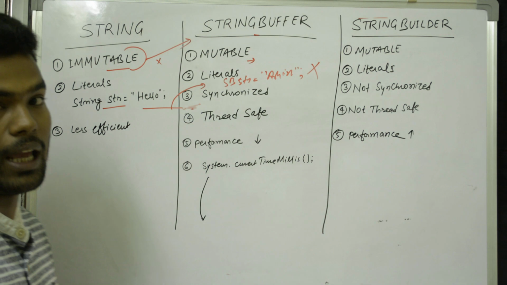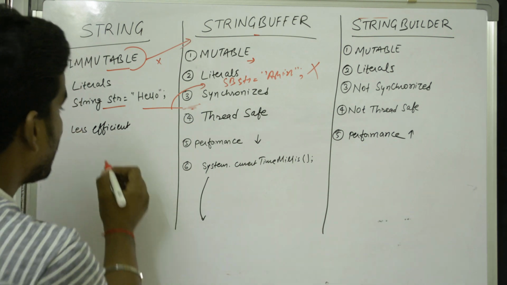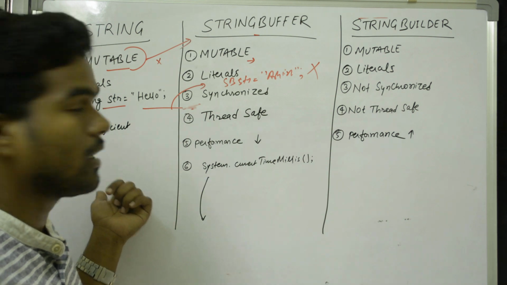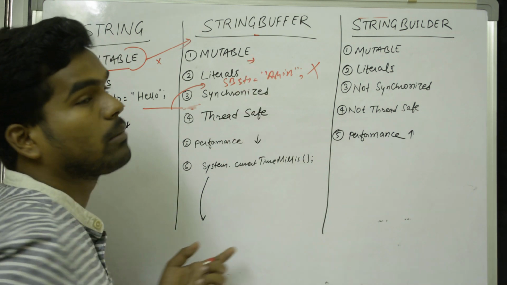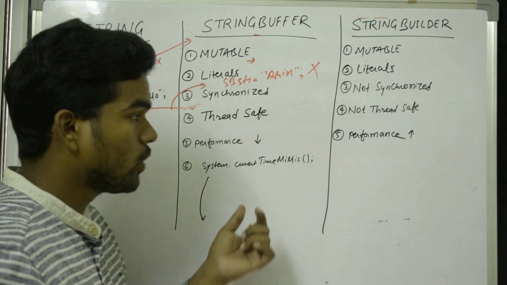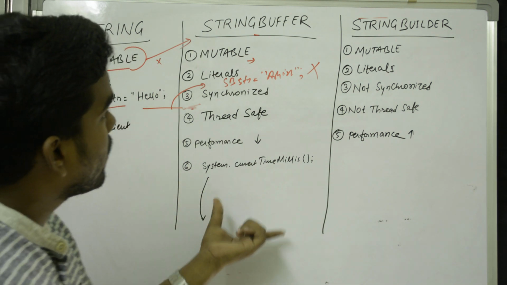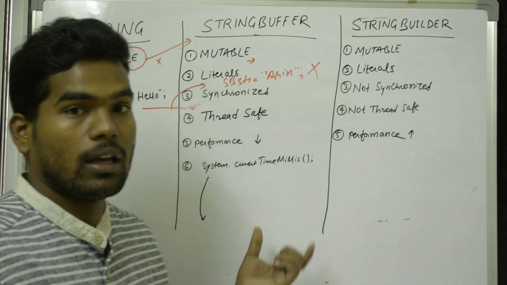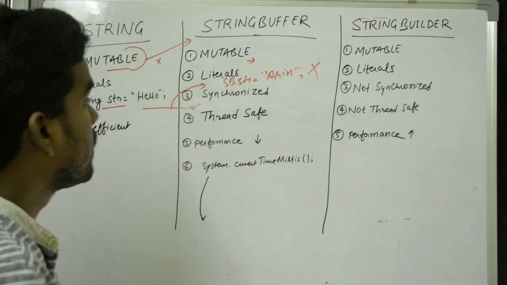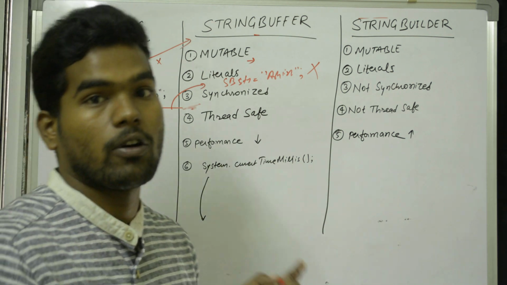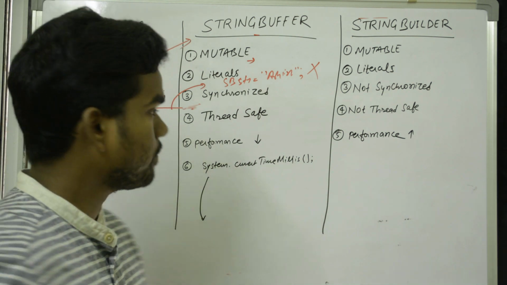That must take some time, and due to that time taken, it is less efficient. But in the StringBuffer case, it is not happening, so it is more efficient than the String class. So it is recommended to use a StringBuffer object instead of String if you want to perform any modification.